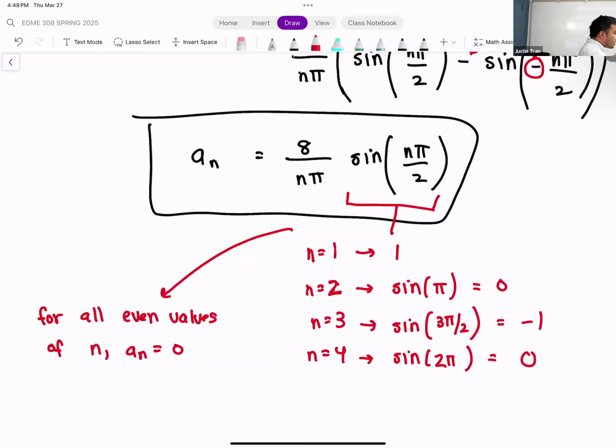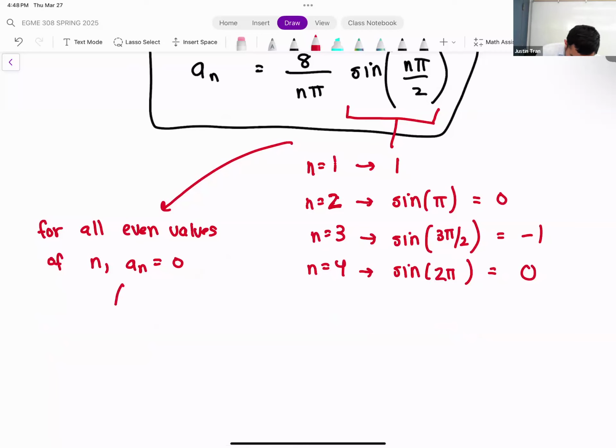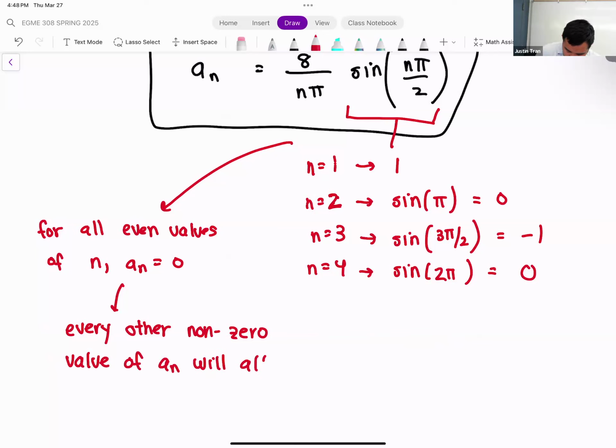And then every other non-zero value for an is going to alternate between positive and negative. Okay.